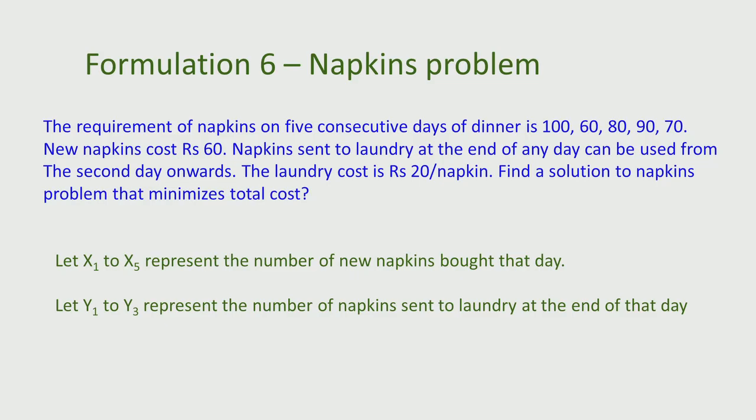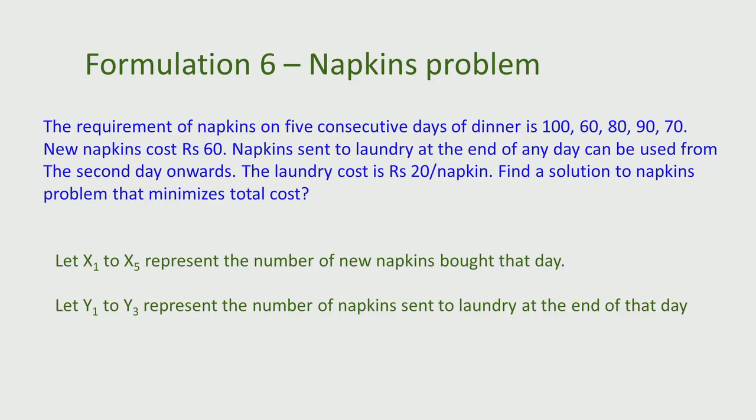Now, we do not define y4 and y5 because if some used napkins are sent at the end of day 4, they will arrive on day 6 and can be used from day 6 onwards, but the problem talks only about 5 days. Therefore, we introduce only y1 to y3.